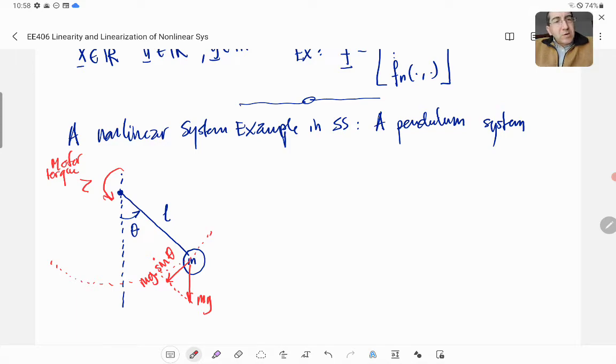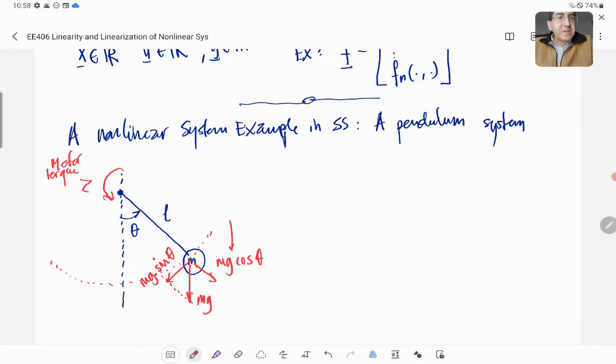And there will be another component here, which is mg cosine theta. But in this case, because this rod cannot be expanded, cannot be stretched, mg cosine theta actually is in equilibrium with the tension in the rod. So nothing's going to happen with this.